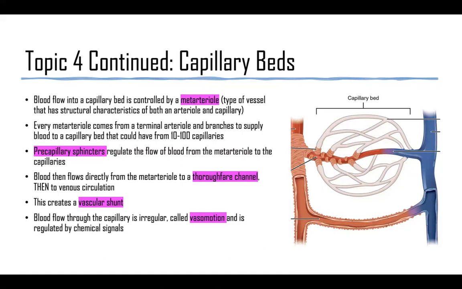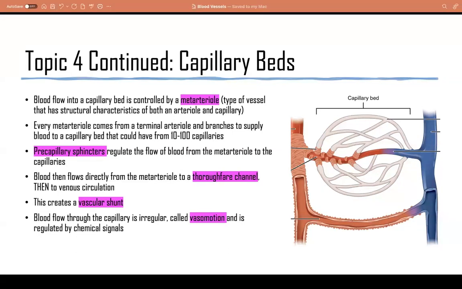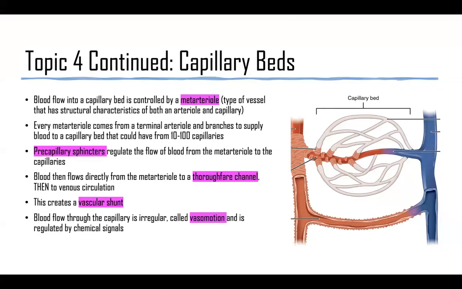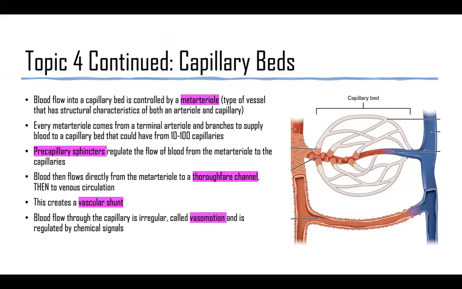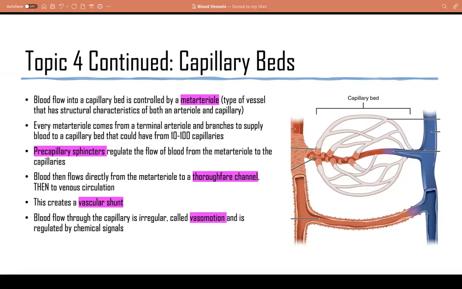Now we will bring up precapillary sphincters. They are circular smooth muscle cells that tightly regulate the flow of blood from meta-arterioles to the capillaries they supply. They funnel blood and oxygen to tissues where it is needed.